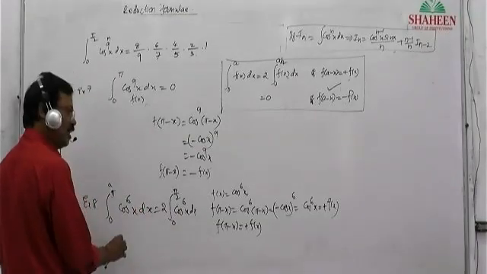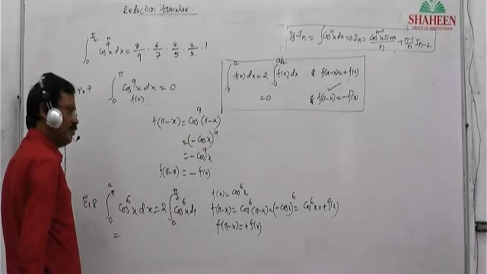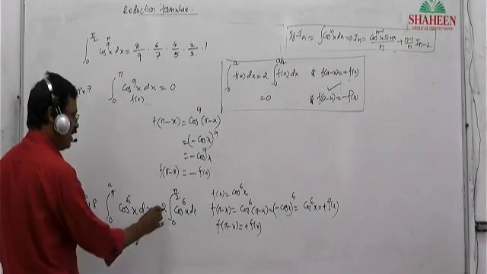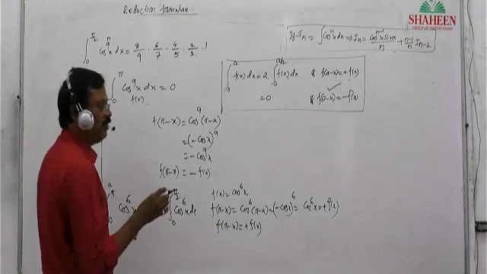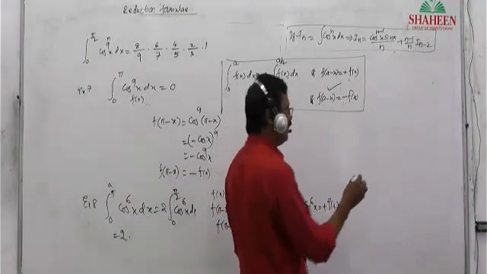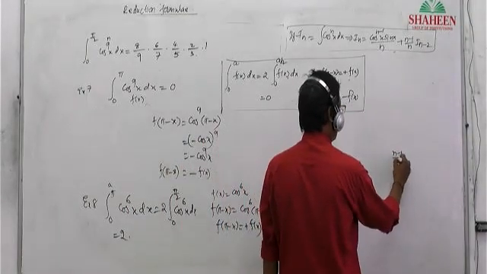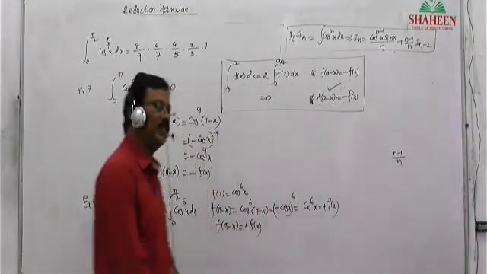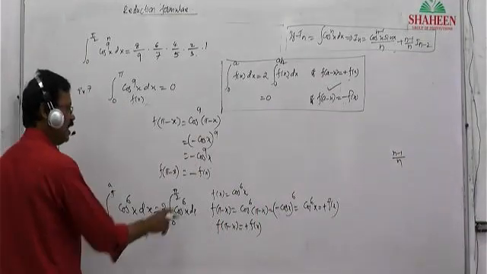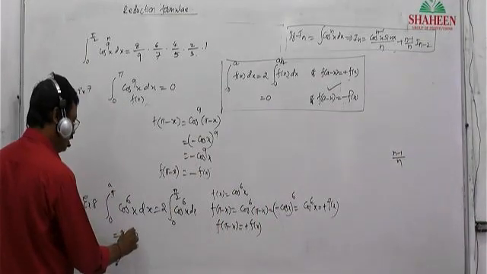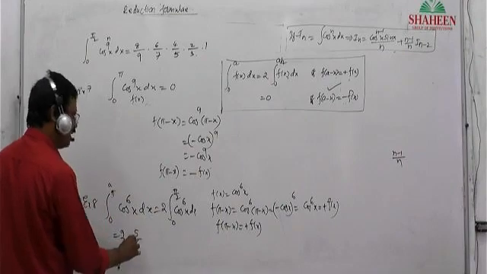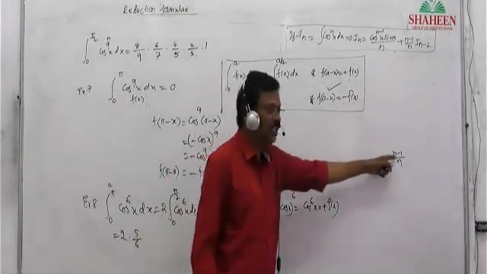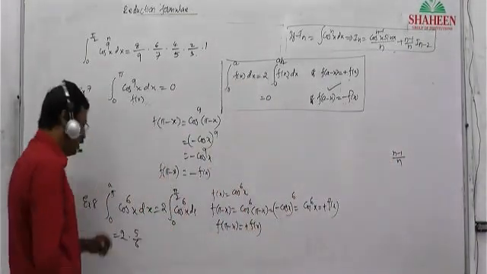What is the reduction formula? Tell me. The 2 is there. First number in the reduction formula is (n minus 1)/n. N is 6, n minus 1 is 5, so 5/6.